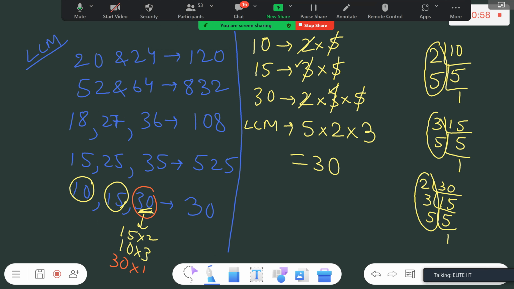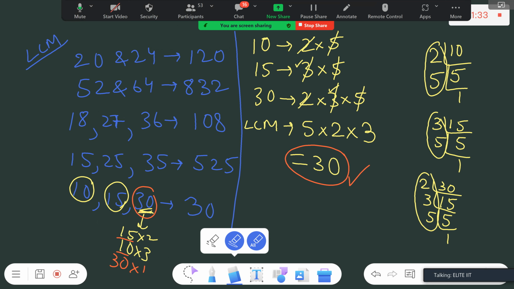Since 15 and 10 are both factors of 30, and 30 is also a multiple of 30, for all three of them, 30 is the lowest multiple. So your LCM of 10, 15, 30 will be 30. Clear? Without doing anything, you can directly write it.